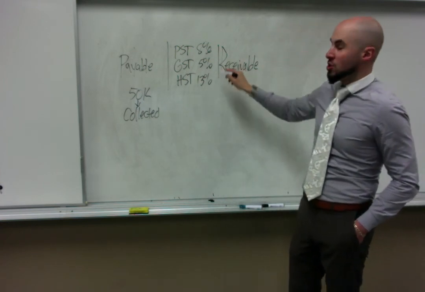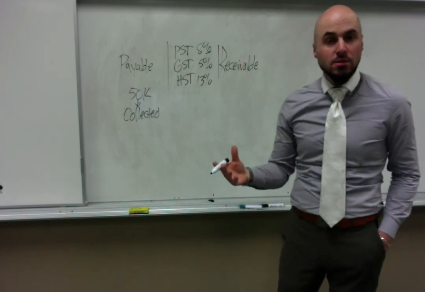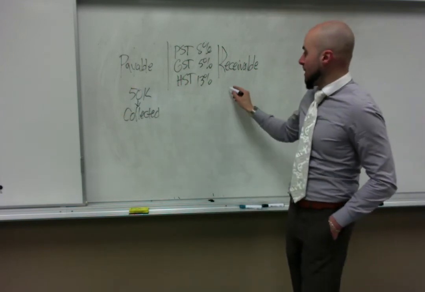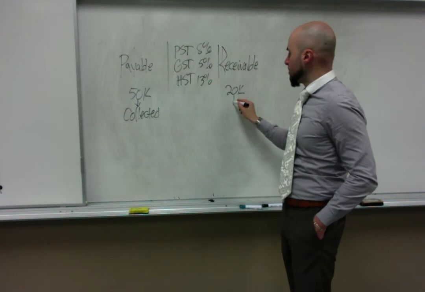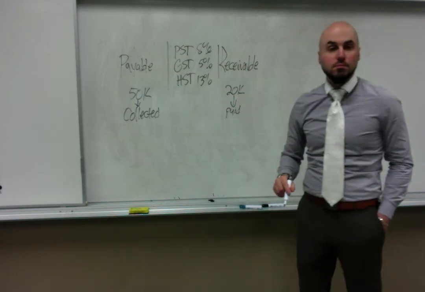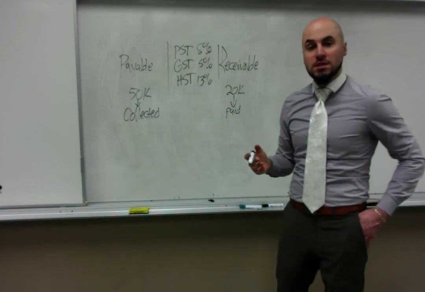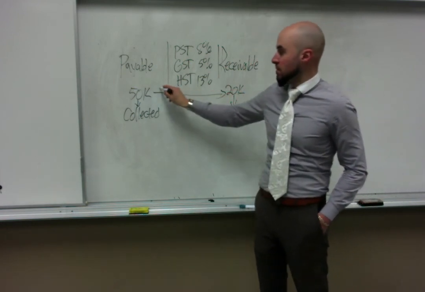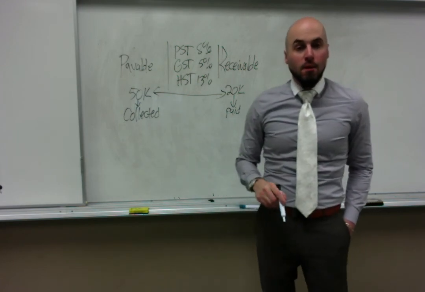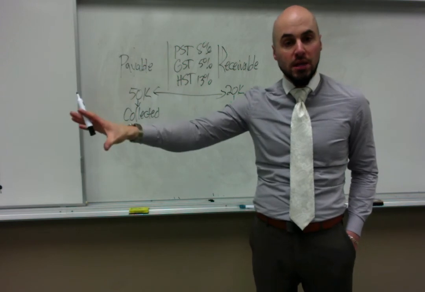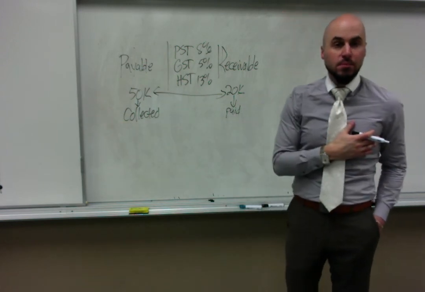and how much did we pay in taxes connected to the purchases of our inventory? Let's say 20,000. Paid. Now we have to communicate both of these numbers to the CRA. Of course, we can do the calculation ourselves, but we still need to tell them how much we collected and how much we paid in taxes.